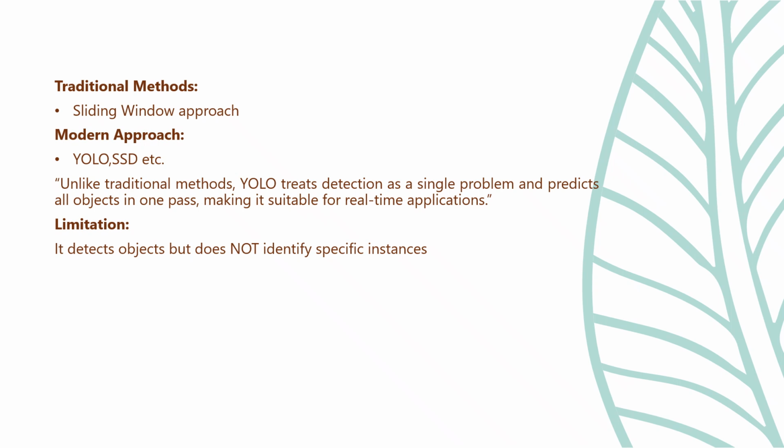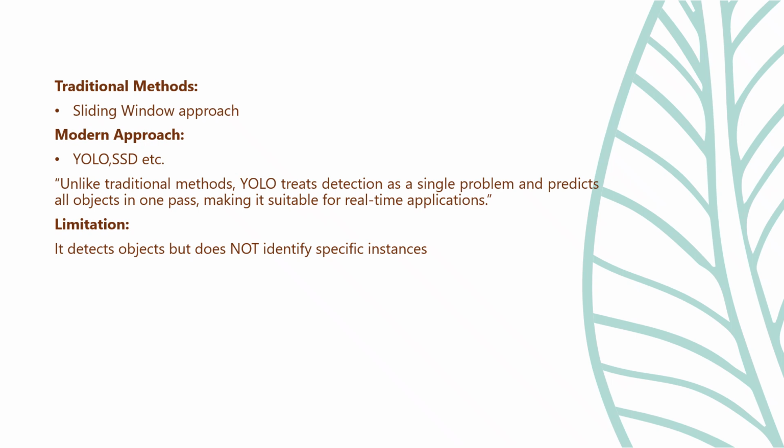Instead of examining thousands of windows separately, YOLO predicts all object locations and classes in one forward pass through the neural network. This makes it extremely fast and suitable for applications such as autonomous driving, surveillance systems, robotics, and real-time video analytics.